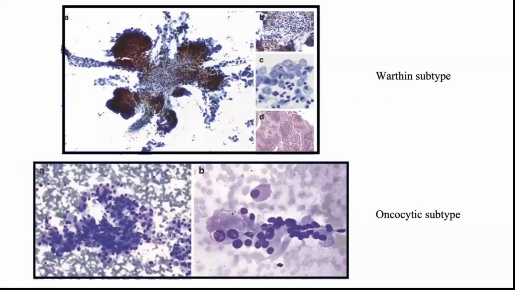Okay, so going on to the less rare ones, with prognosis which may not be as aggressive as the other subtypes. Warthin-like subtype has a unique histomorphology, just like the parotid Warthin's tumor.